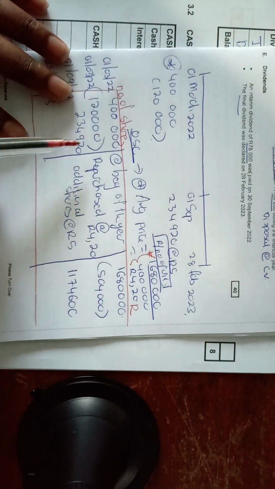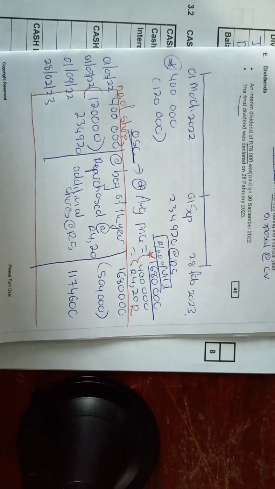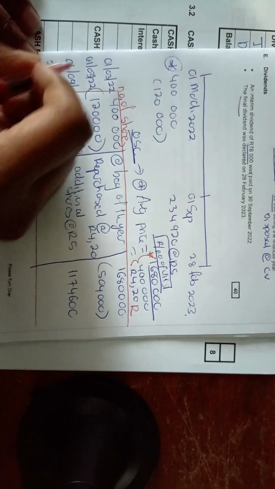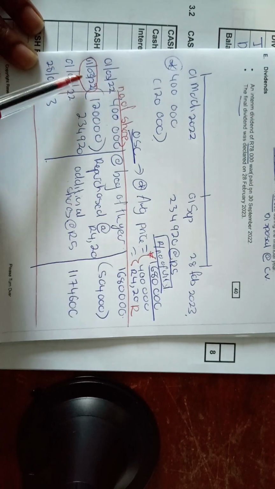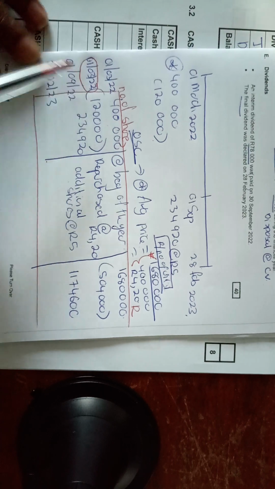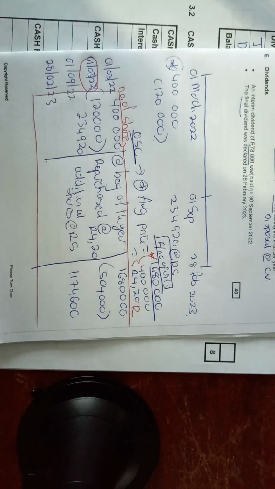Now for those of you who don't know how to work out the average price, please note that you are going to take the date that the repurchase took place. So the date that the repurchase took place was on the 1st of the third month, 2022. And then you're going to ask yourself, on this date, how many shares was in issue and at what value?